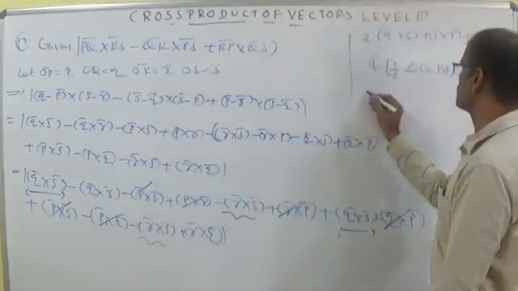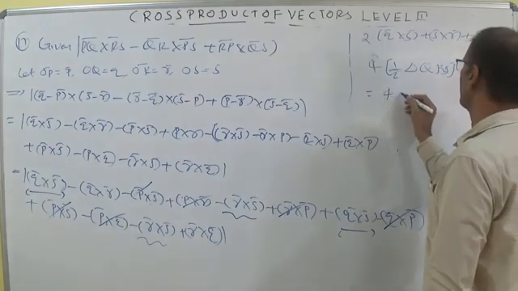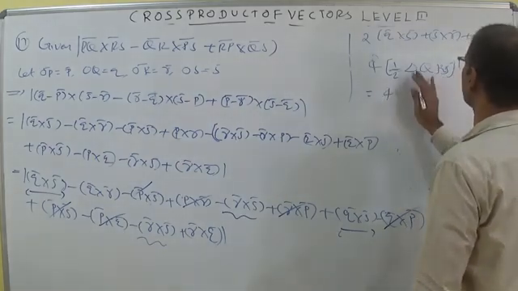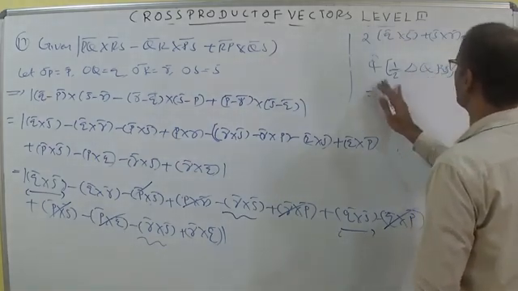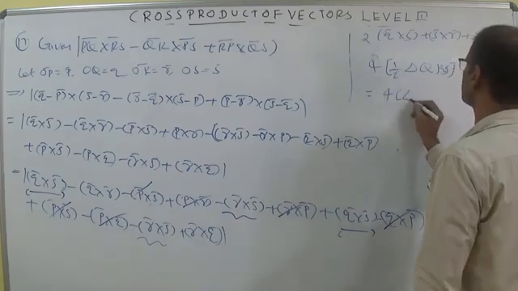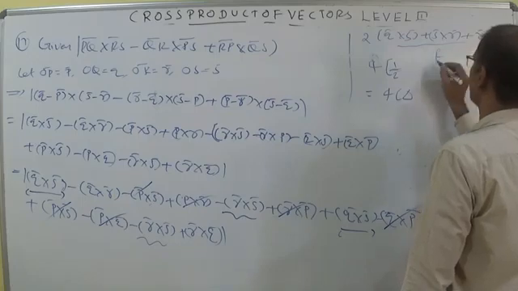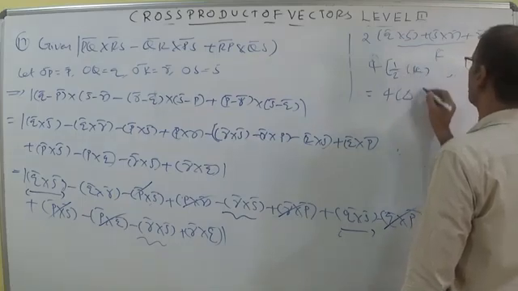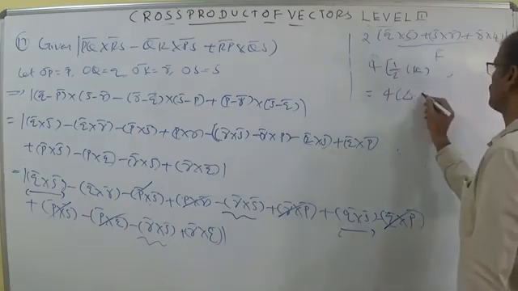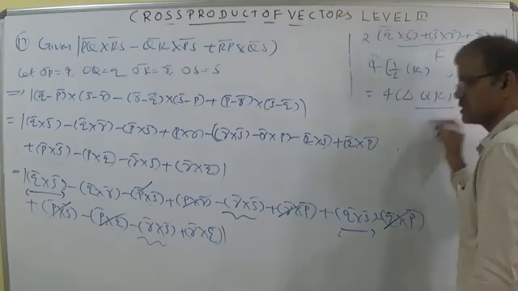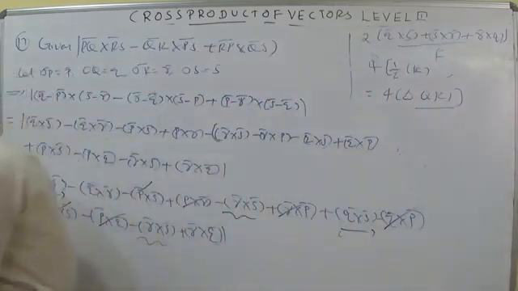So you can say 4 into 1 by 2 into K, that is 4 into delta QRS.